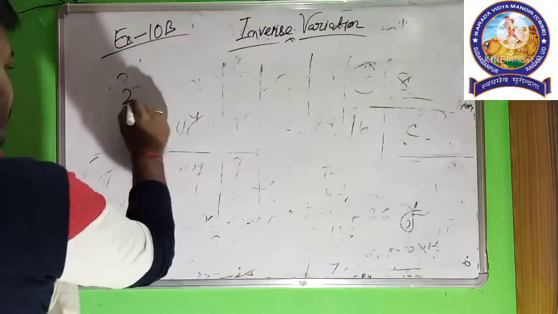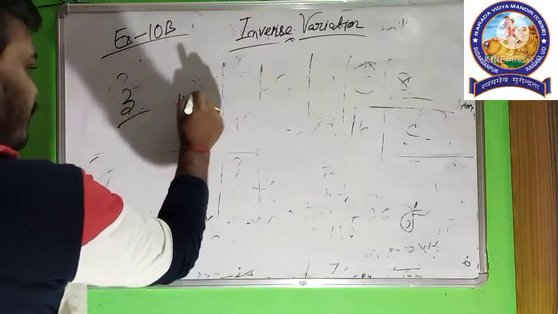Very easy chapter. So two numbers are given.